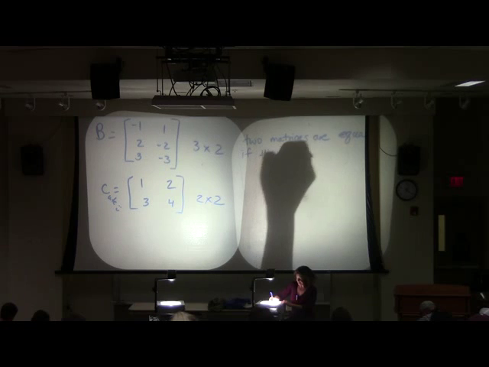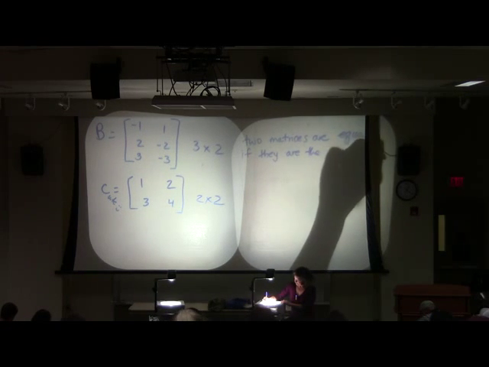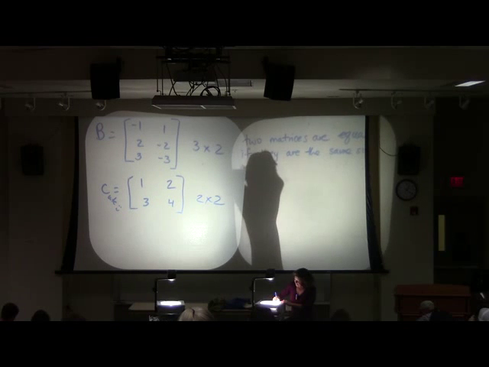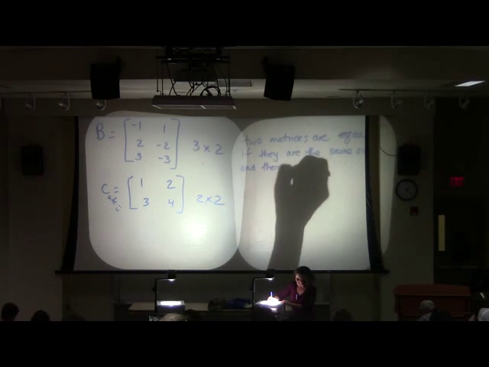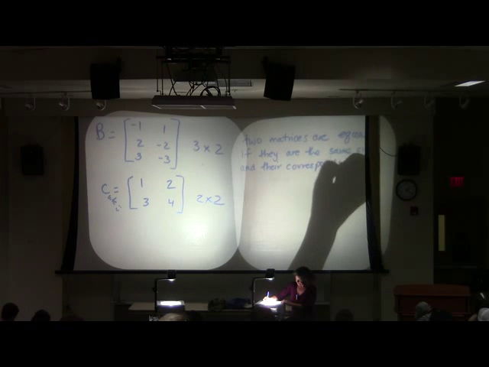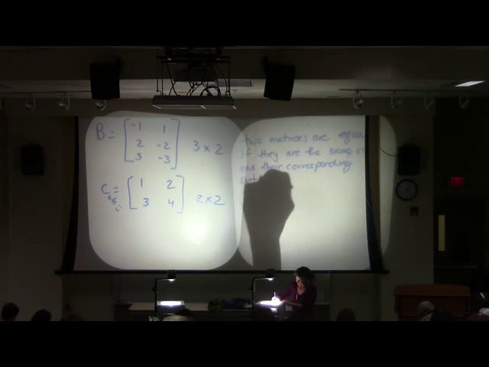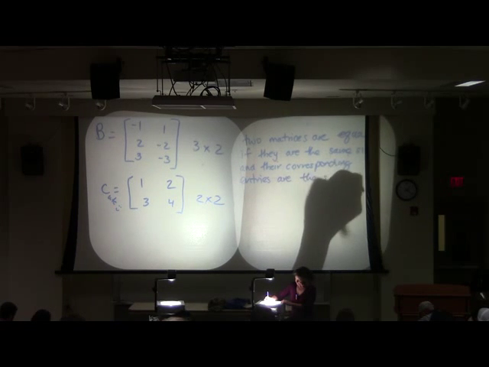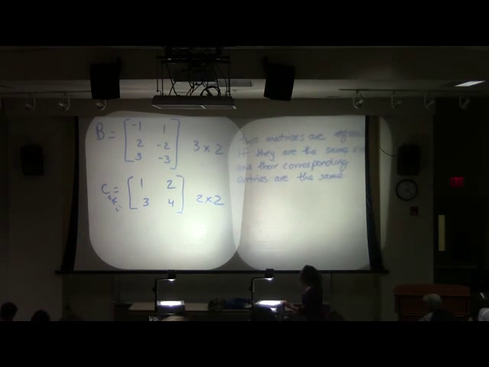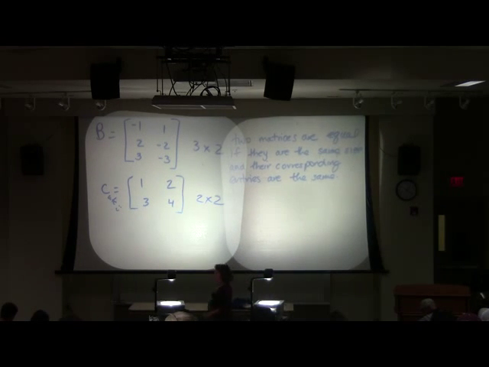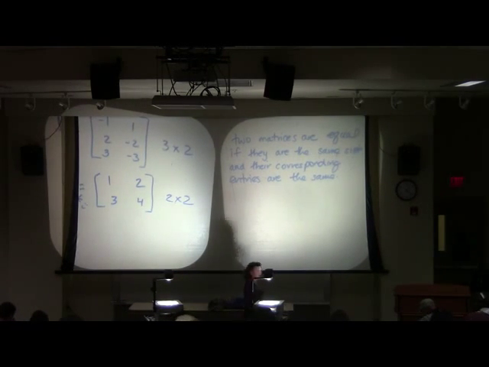If they are the same size, and their corresponding entries are the same. That's a pretty intuitive definition, isn't it? If we're going to say that two matrices are equal, their sizes need to be the same, and their corresponding entries also need to be the same. You'll see where this comes into play on Wednesday, for sure.